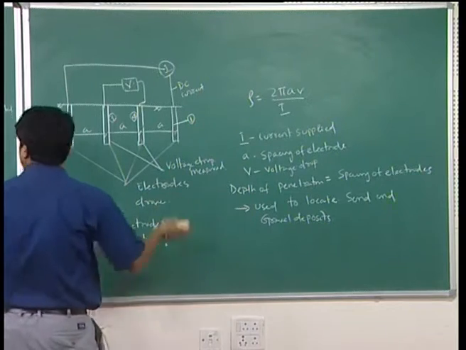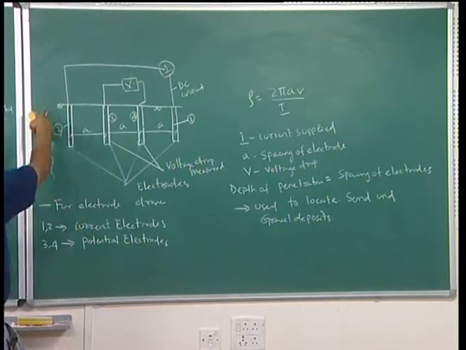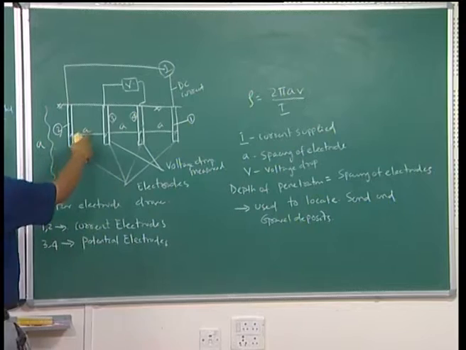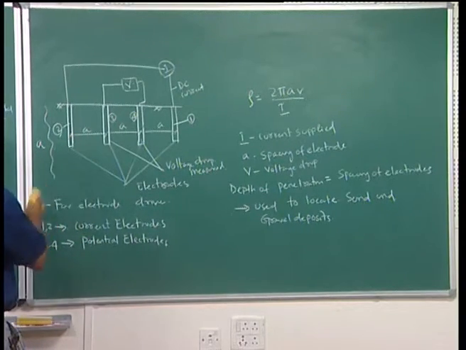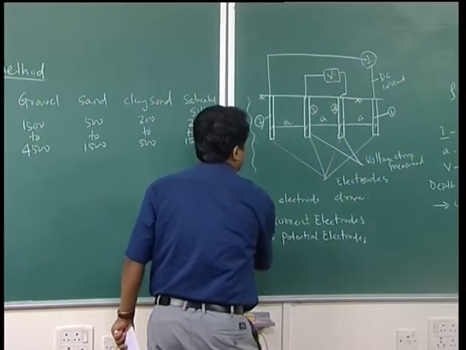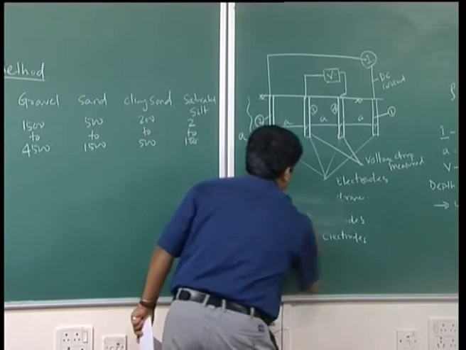The limitation of this electrical profile method is that you can go up to a depth equal to the spacing of these electrodes, you cannot measure electrical resistivity beyond that depth.